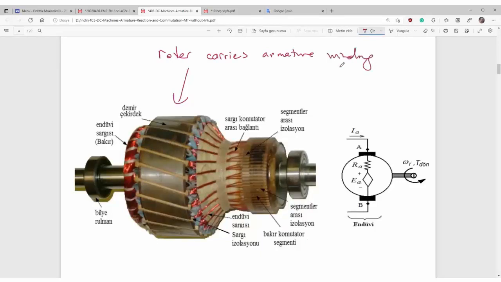You know, armature is the place where the electromotive force or energy conversion occurs. Here is the armature winding. Here are the ends connected to commutator. And here are wedges, fiber wedges.